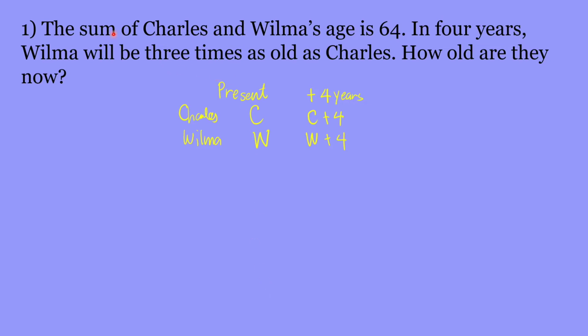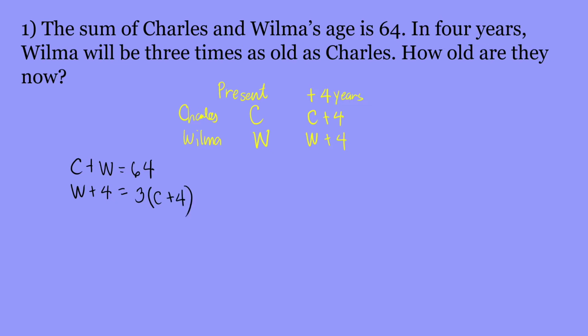By the way, in the first sentence, the sum of Charles and Wilma's age is 64. So, we can write it like C plus W equals 64. And on the second sentence, Wilma's age, that's W plus 4, will be 3 times as old as Charles, 3 times Charles' age, which is 3 times C plus 4.